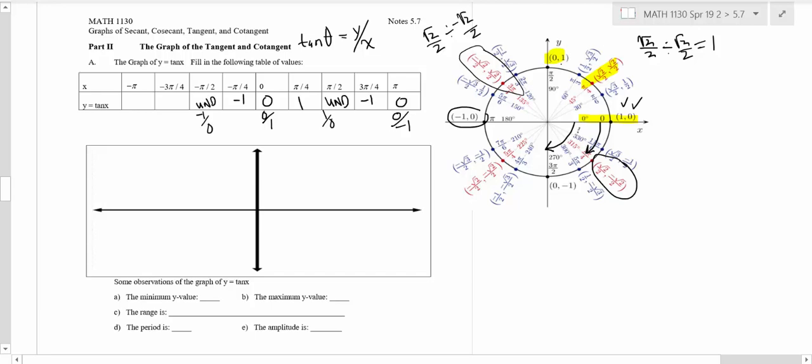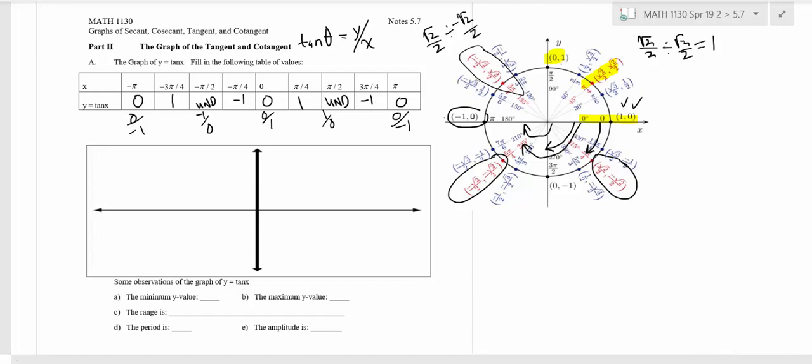And then if you go -3 pi over 4, you end up in quadrant 3, so that would be +1 when you do y over x there, and then -pi would take you to 0 over -1, so it'd be 0. So you see that this cycle keeps repeating itself through these key numbers like this.